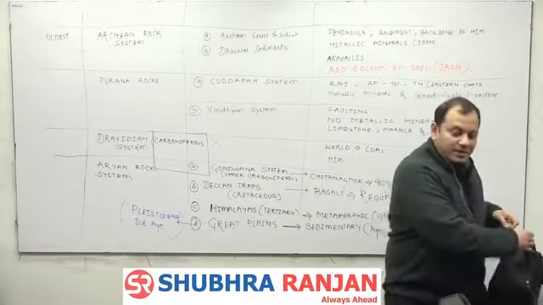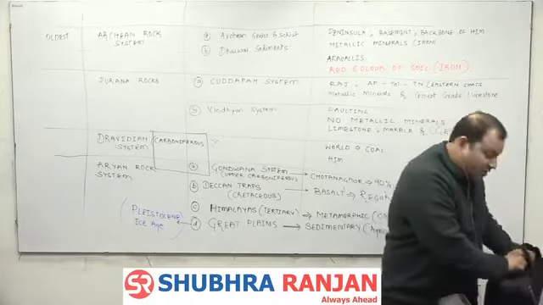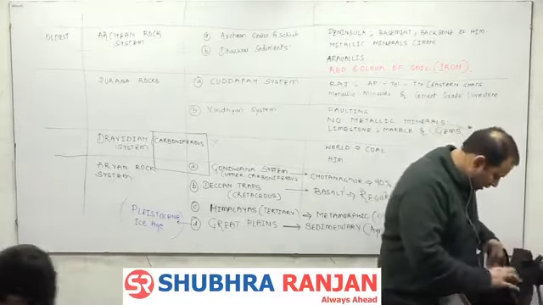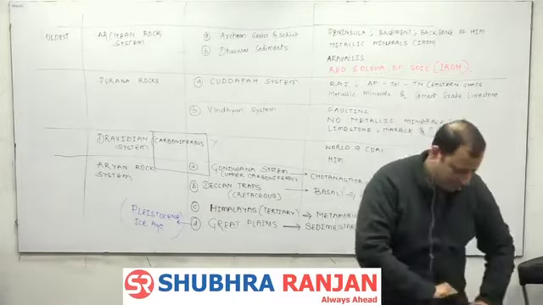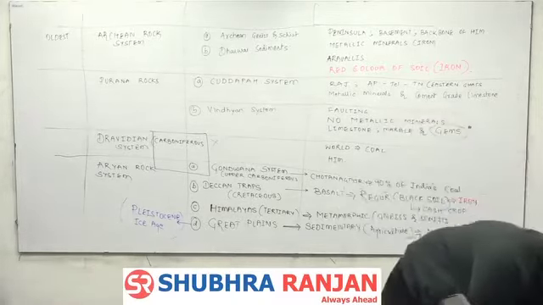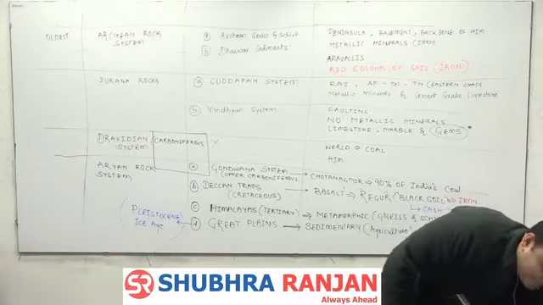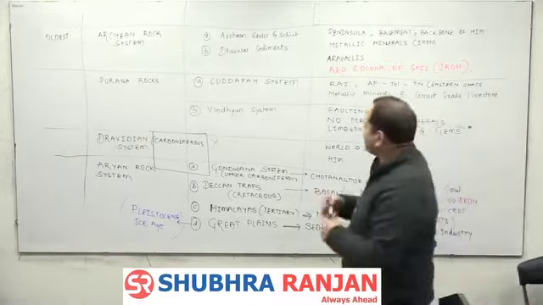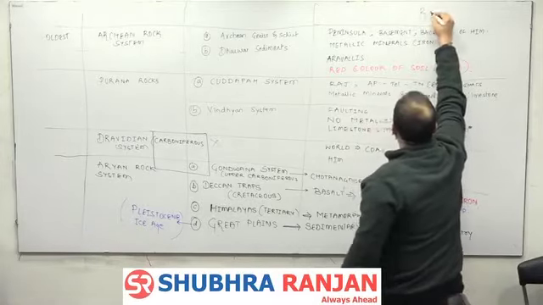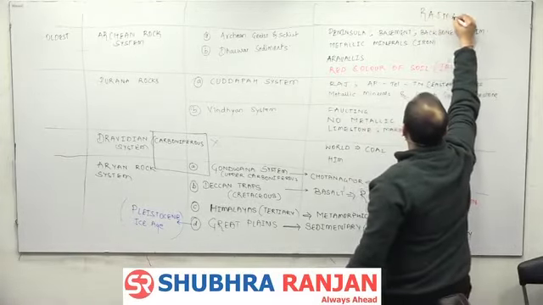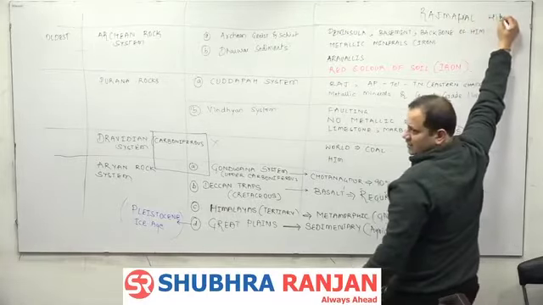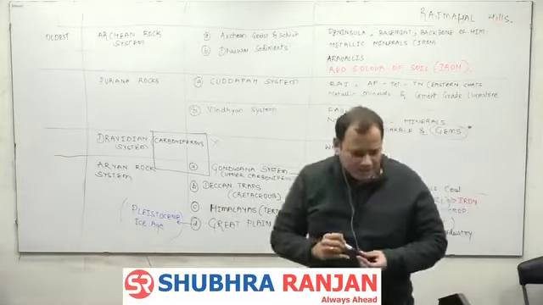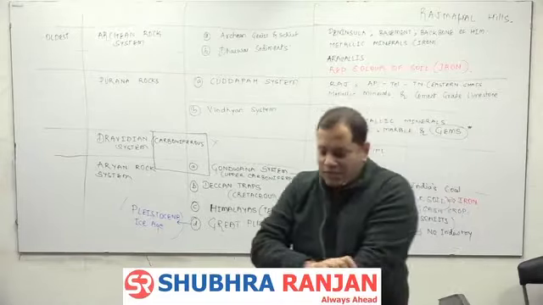That is the bracket में Rajmahal Hills. Where is Rajmahal Hills? Rajmahal Hills, Jharkhand, Bihar, are volcanic in origin.